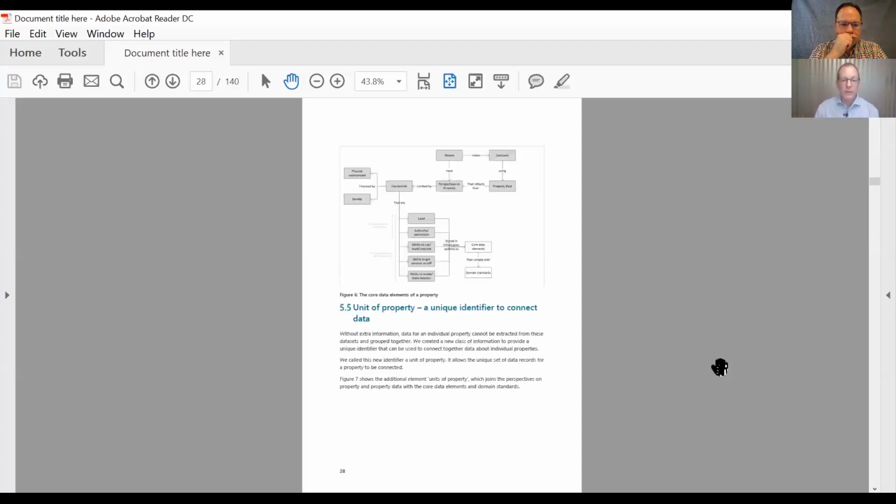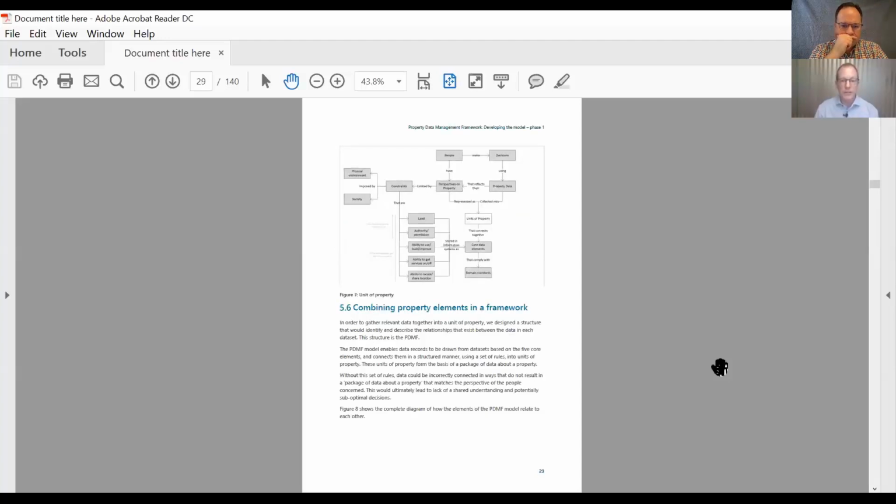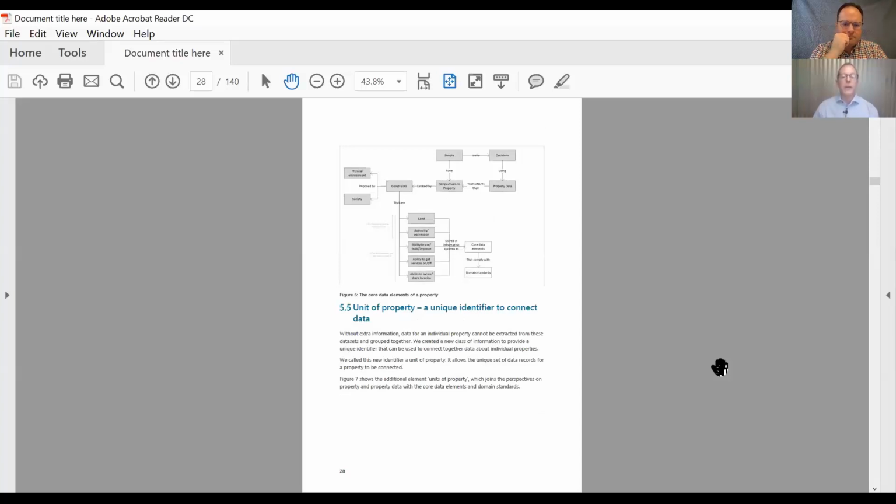So we spent quite a bit of time and we ran a program here at LINZ to see if we could come up with a definition of a property. We interviewed a whole bunch of people around LINZ who worked in different areas, and we asked them what property was. What we found out was there is no one definition of a property, or what a property is depends to most people on what they're doing and the role that they were in.